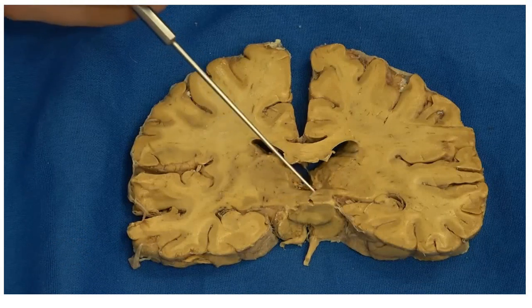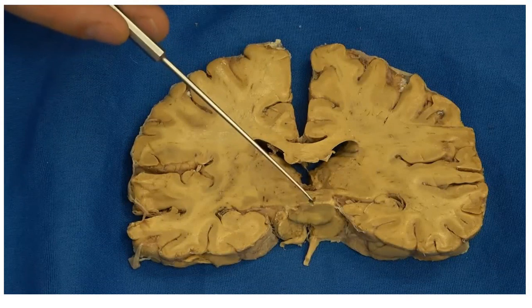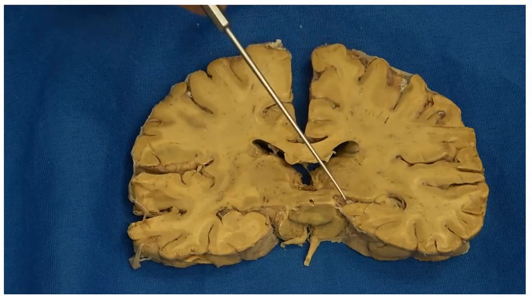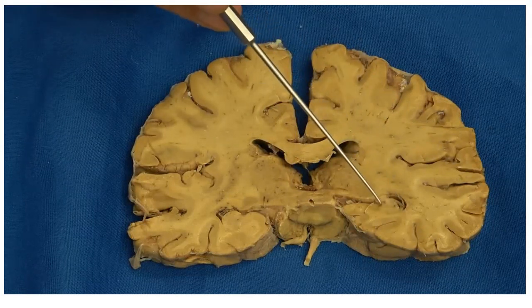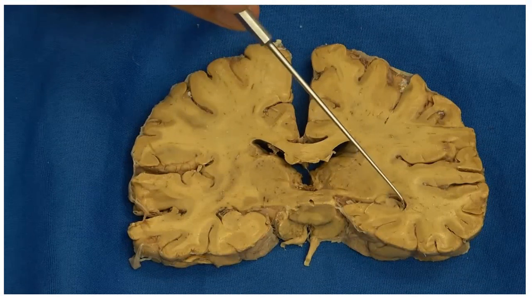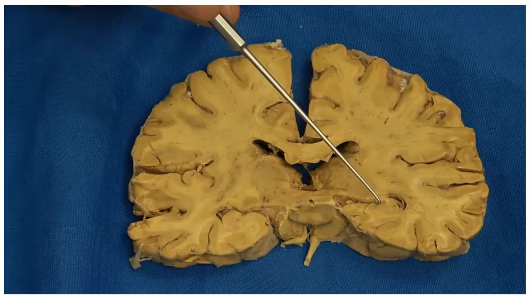Inferiorly to that, this is of course the tectum with the opened cerebral aqueduct. In the temporal lobes we can see the structure of the hippocampus. So the hippocampus, the dentate gyrus right here.